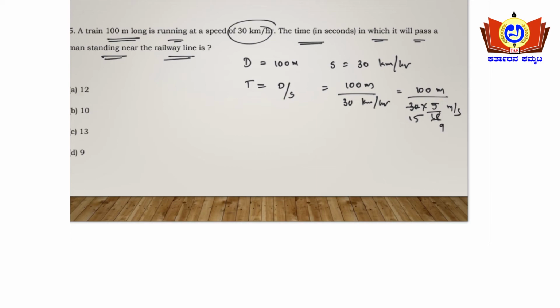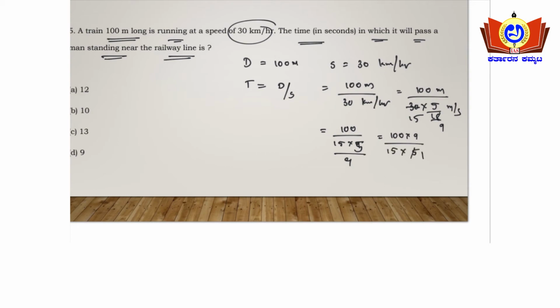Then 100 divided by 15 into 5 divided by 9, which adds up to 100 into 9 divided by 15 into 5.